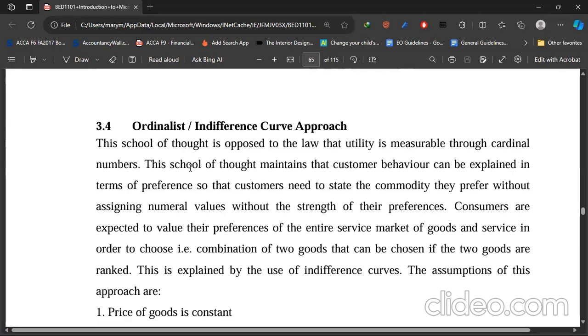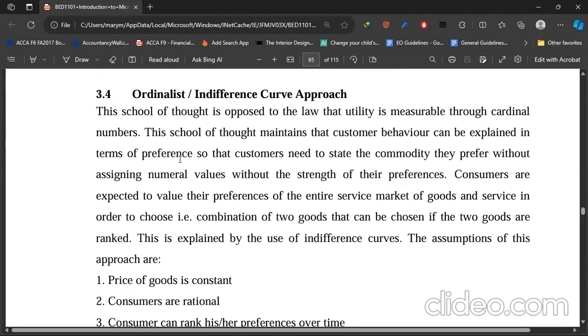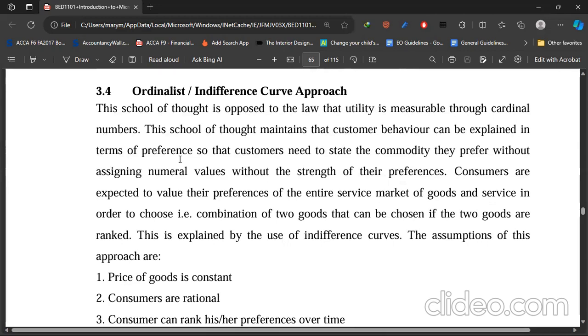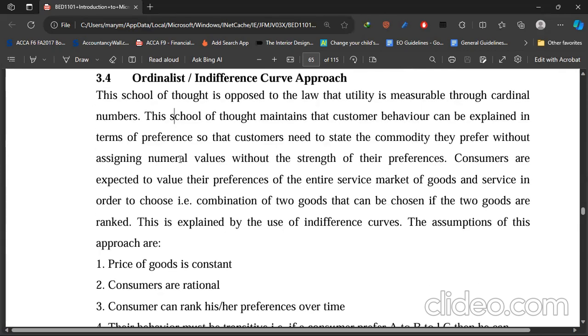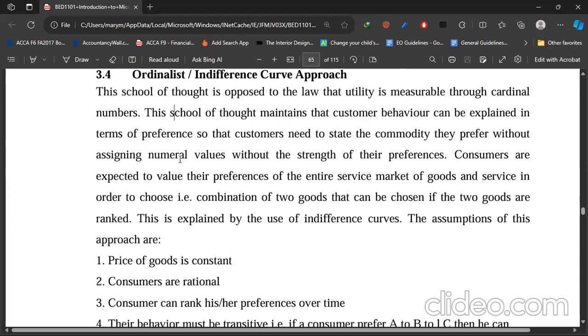This school of thought maintains that consumer behavior can be explained in terms of preferences, so that consumers need to state the commodity they prefer without assigning numerical values to the strength of their preferences. So consumers are expected to rank their preferences over the entire market of goods and services in order to choose. For example, we are going to look at the combination of two goods that can be chosen if the two goods are ranked.